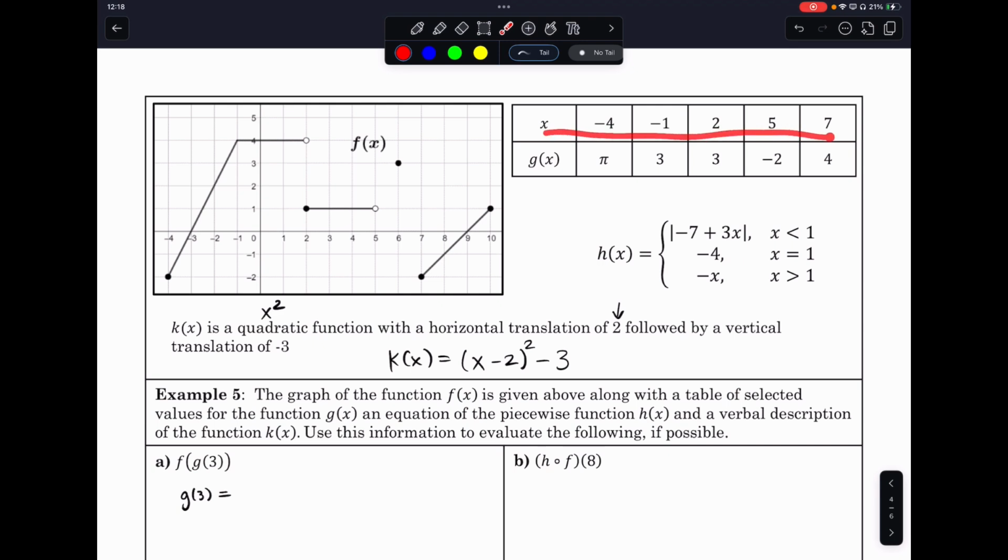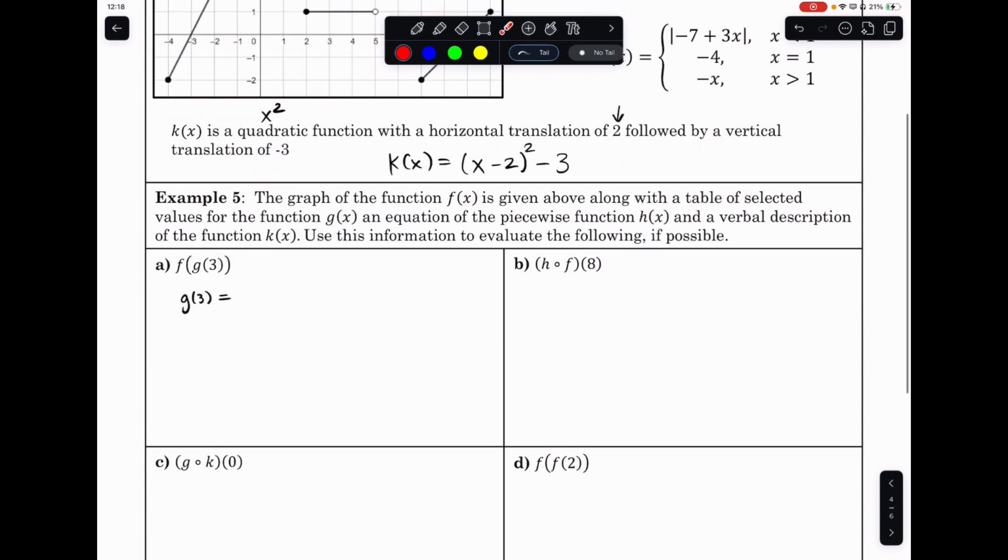I do not know what the value of g is when x is equal to 3 because it is not given to me. And since it's not given to me, I am unable to determine what this value is going to be. So this is undeterminable. So I cannot determine what that value is going to be.